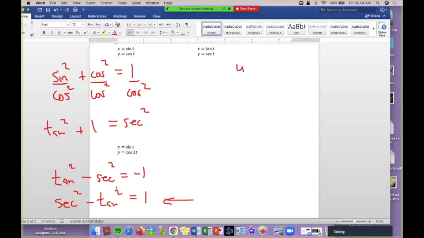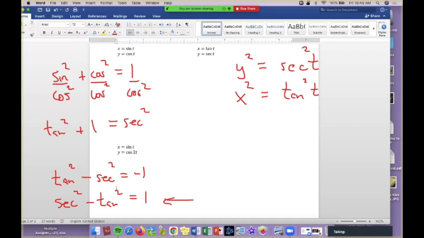So we've got y squared equals the secant of t squared. And then I'll square the x parameter. So we have x squared equals the tangent of t. Did I say t before or x? Tangent of t squared.